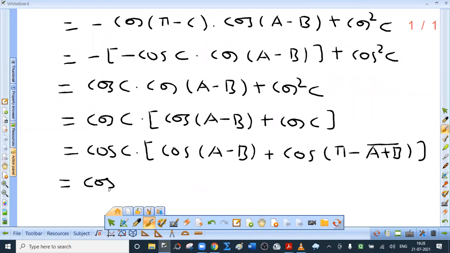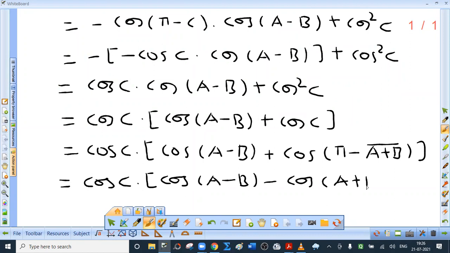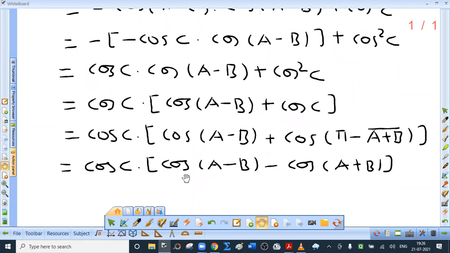This is fun. Cos C, cos of A minus B, cos of 180 minus theta is minus cos theta. I hope you remember formulae, de facto and de jure both.